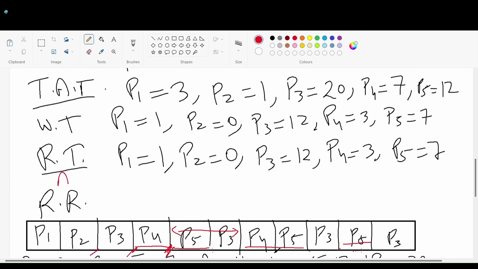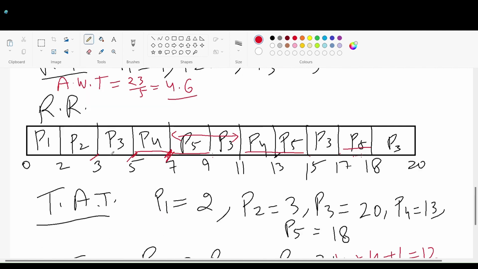Now the average waiting time in the SJF algorithm is how much? 1, 0, 12, 13, 13, 3, 16 and 7, 23. 23 by 5 is 4.6, okay.